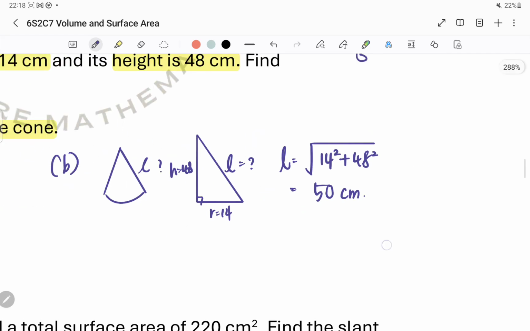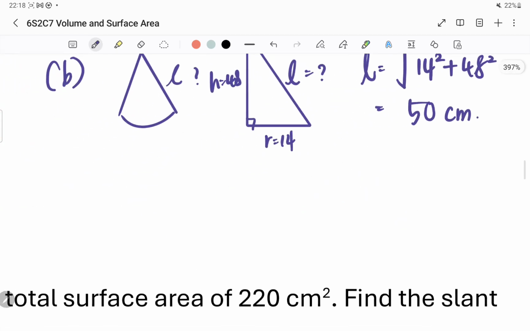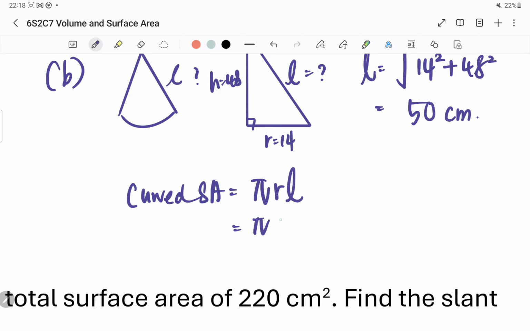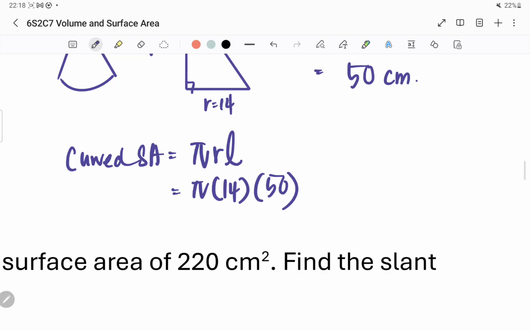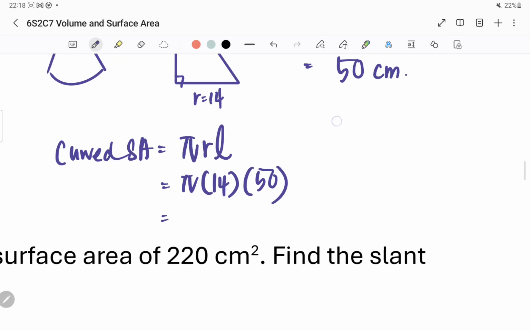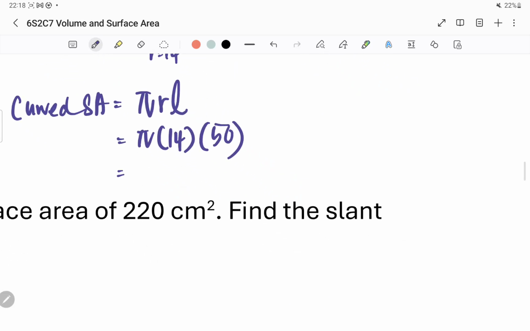Once you have your slanted length equals 50 cm, you only need to find the curved surface area, not the whole thing. So the curved surface area equals pi r L, which is pi times 14 times 50.